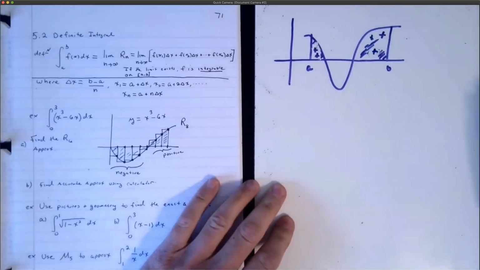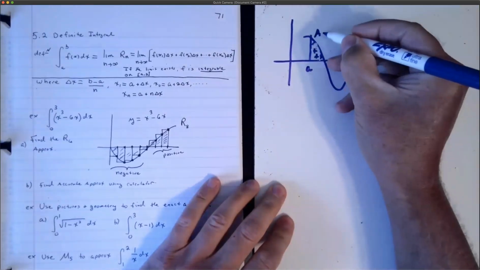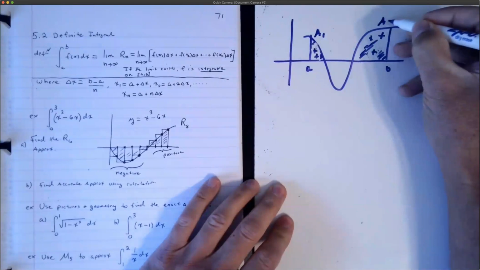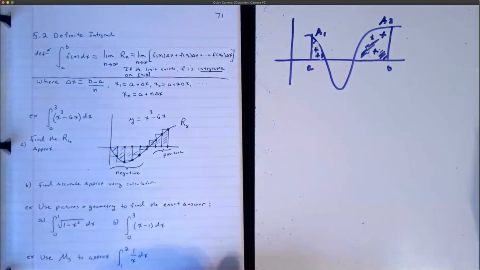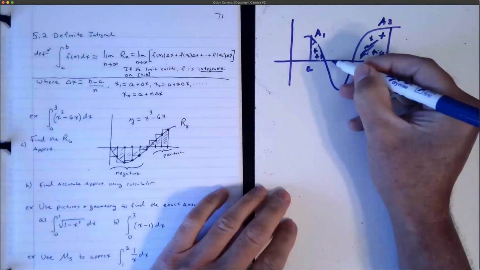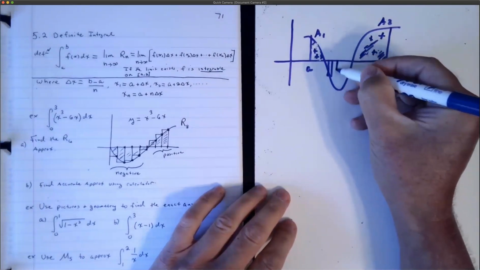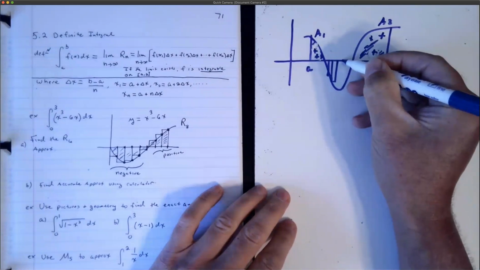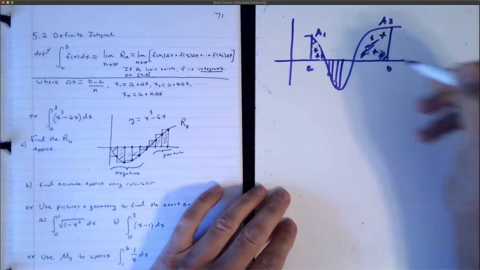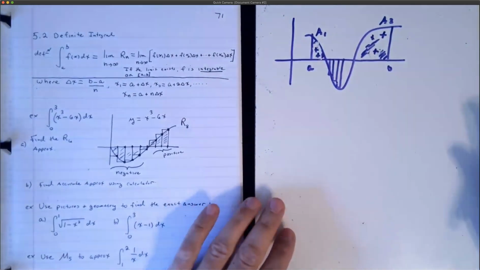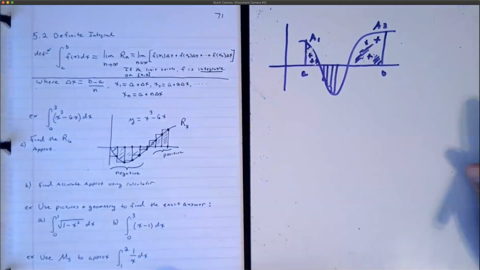Think of this as A1 and A3. Now, when the function itself is below the x-axis, we can use rectangles that go into the negative territory.